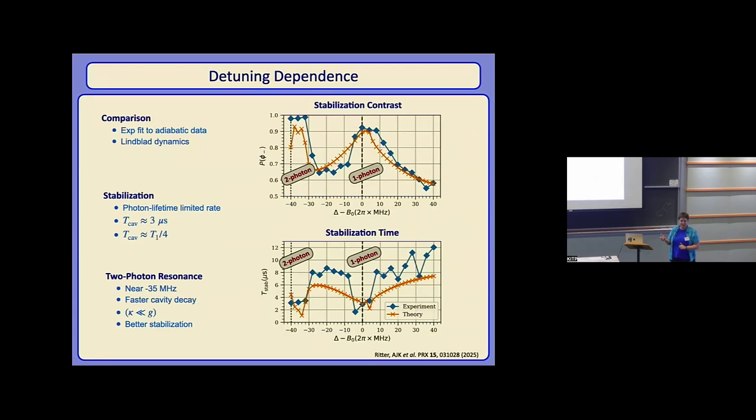So the cavity decay rate is small compared to g, and the 2 photon state decays more quickly than the 1 photon state. And g is big enough that even the second order Hamiltonian coupling is enough to make use of that. That's why we see even higher purity over here at this 2 photon resonance. So this is pretty good.